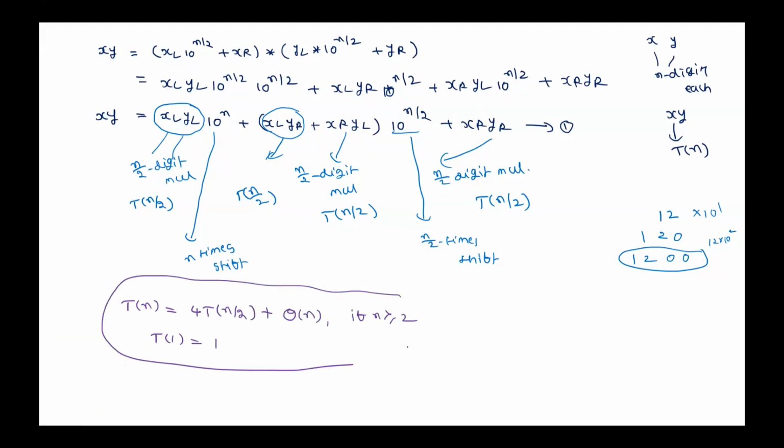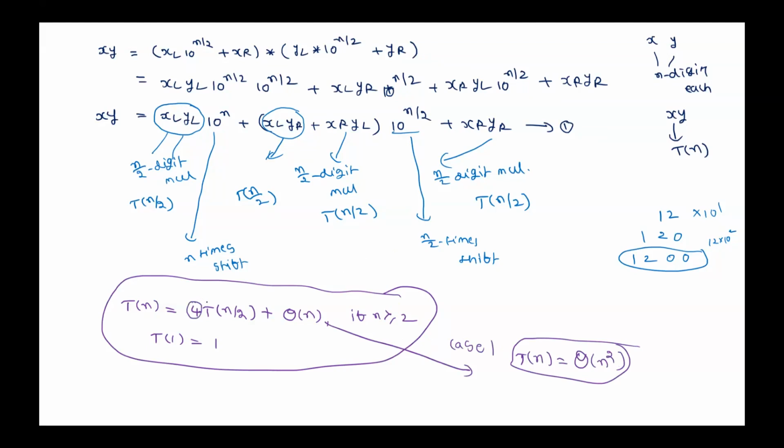Which case of the master theorem? First case. T of n is n square. Why should we do this? Even without doing this, the classical method also gives the same answer. Then how to improve this? Instead of 4, if someone gives 3, is it automatically improved or not?